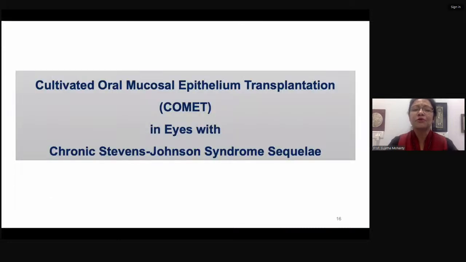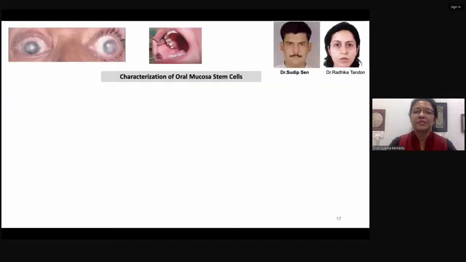Where both eyes are affected, for example Stevens-Johnson syndrome, we try to harvest mucosal epithelial cells and were very interested to see how they cover the corneal opacity. Here, along with Dr. Radhika, Dr. Sudeep was the main scientist, and we took biopsy samples from the oral mucosa with the help of ENT surgeons.